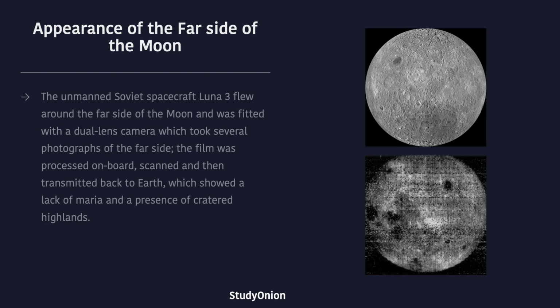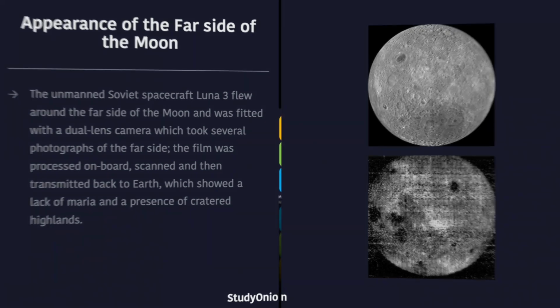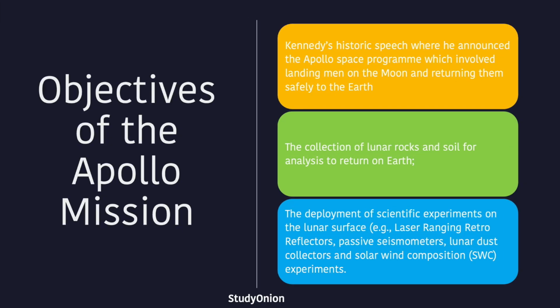In May 1961, US President John F. Kennedy made a historic speech to the joint session of Congress, in which he announced the ambitious Apollo space program, which consisted of landing men on the moon and returning them safely back to the Earth before this decade is out, i.e. before the 1960s was over.